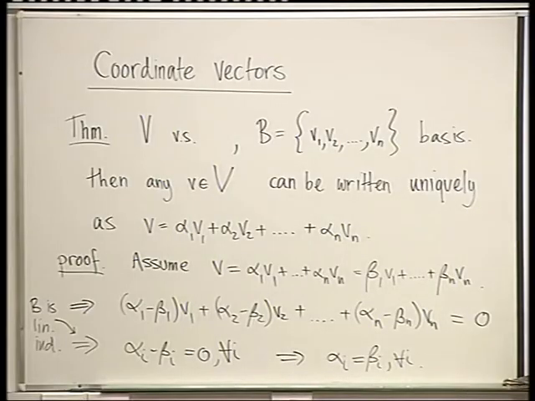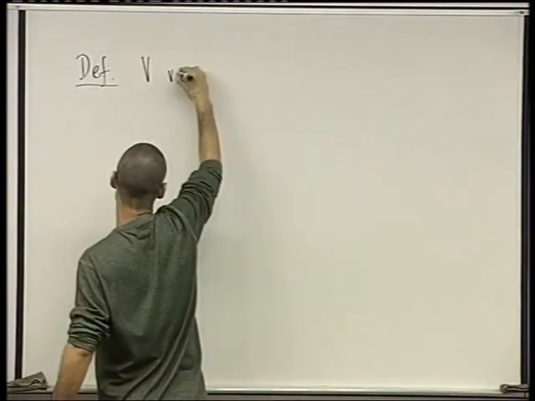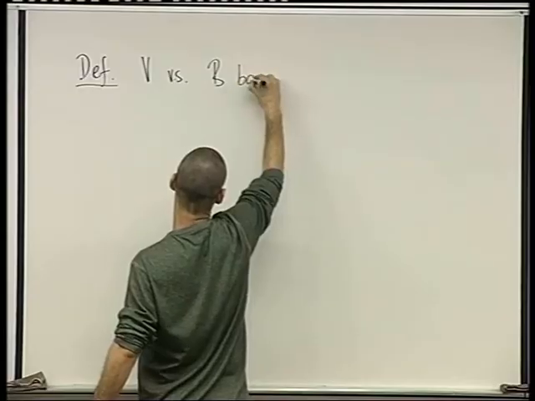So, this theorem is the foundation for this definition. V is a vector space, B is a basis.